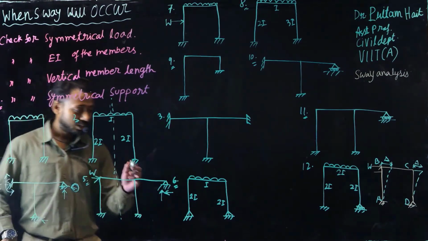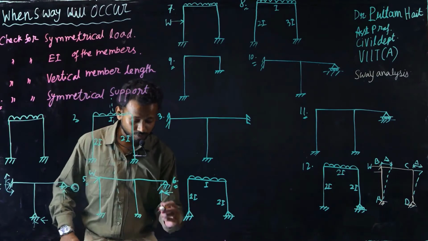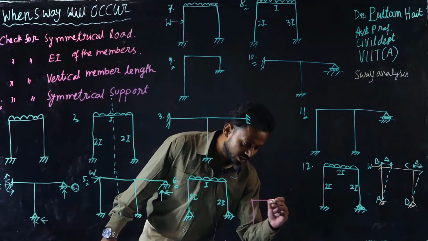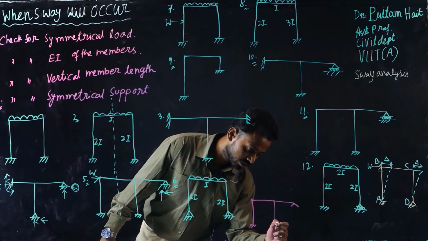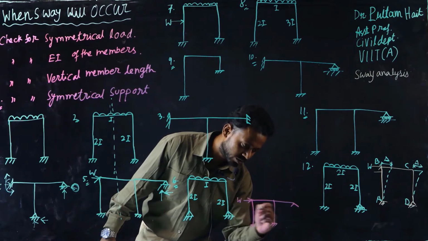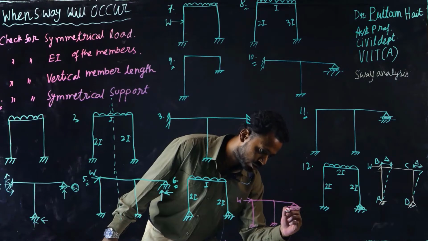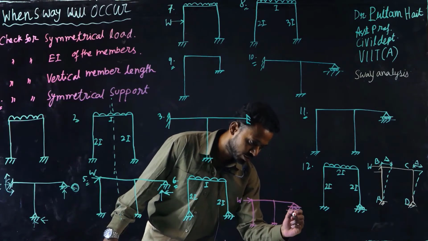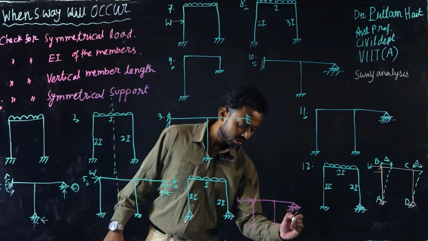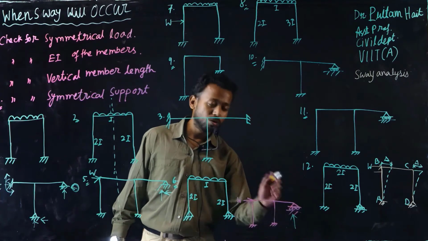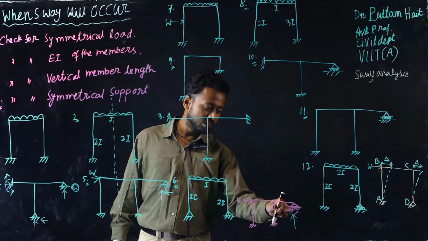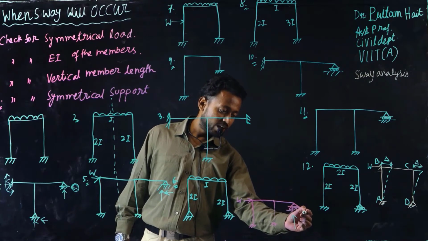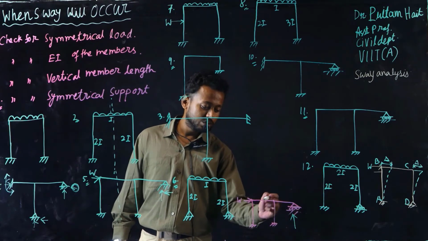In case this frame would be like this, W load is working, and this is a roller support. Roller support will give only a vertical reaction, there is no horizontal reaction, so while it tries to deform in this direction, due to lack of horizontal reaction, it will sway.